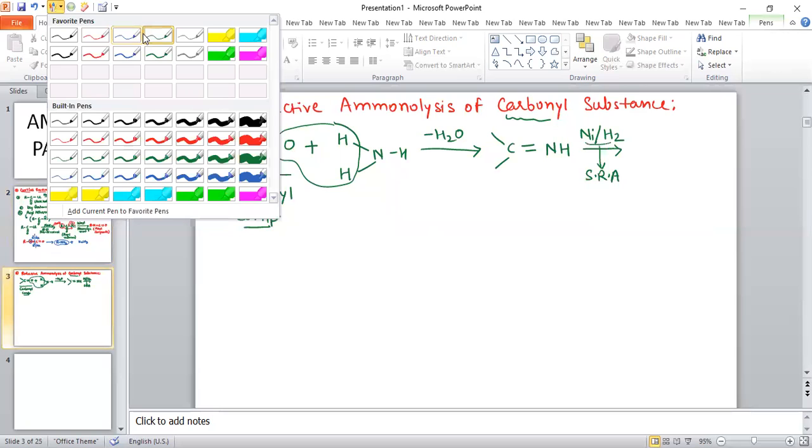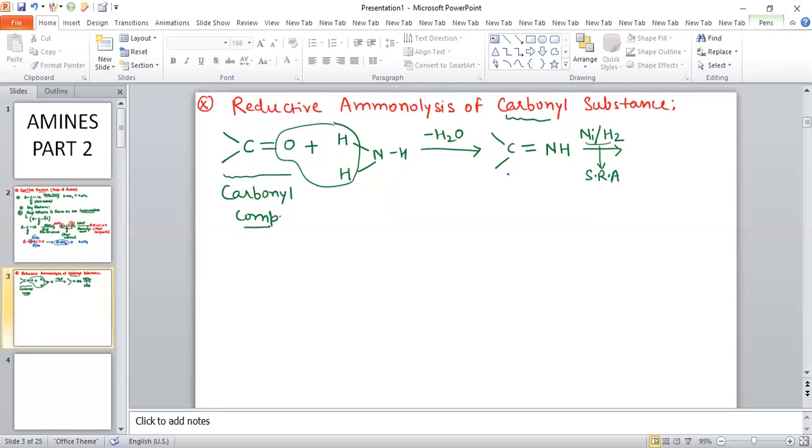Reducing agent means this will add hydrogen to the carbon. So hydrogen is added to the carbon as well as nitrogen. When this is added, it will form CH and also NH2. This product is obtained by the reaction.